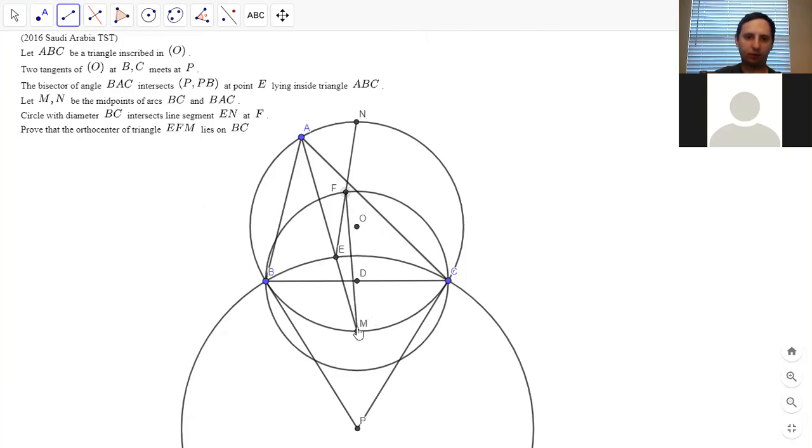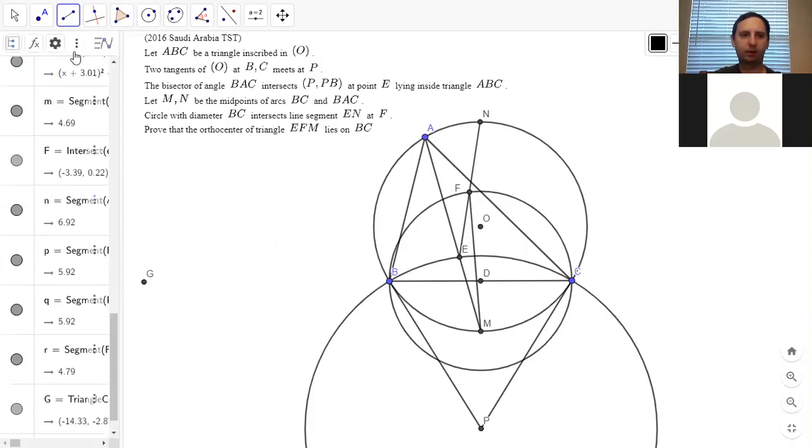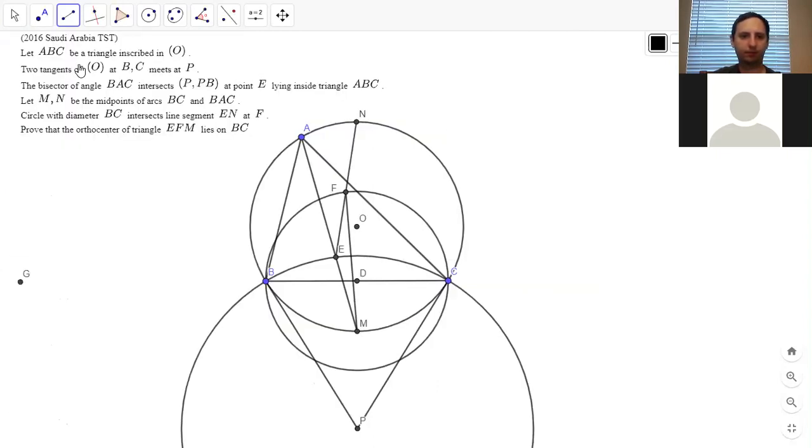So this kind of narrow triangle. Maybe it's worth drawing it. So it's way over here, but it lies on BC. It's interesting.